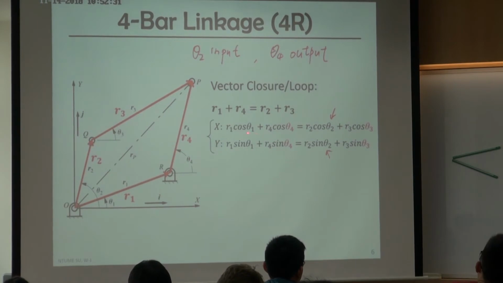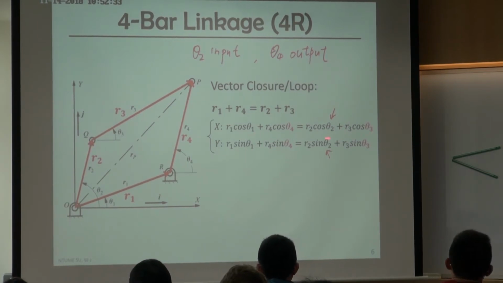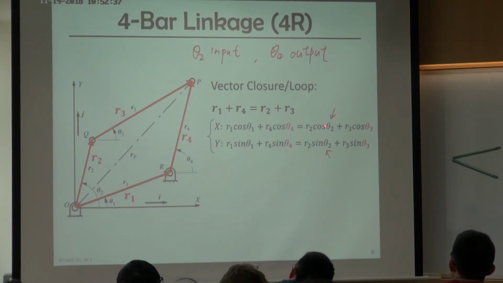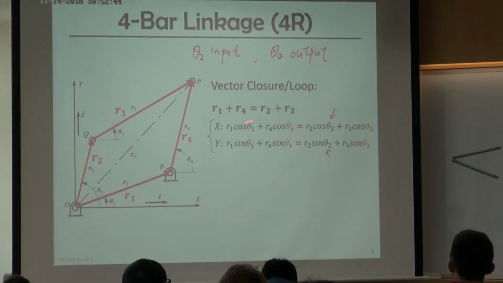But how do you think we can solve this? Those unknowns are within cosine or sine, so it's difficult to solve. You can find the solution in the textbook. It's quite long, but it's specific to this mechanism.